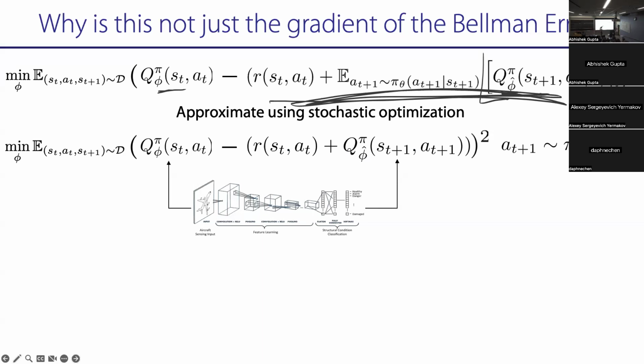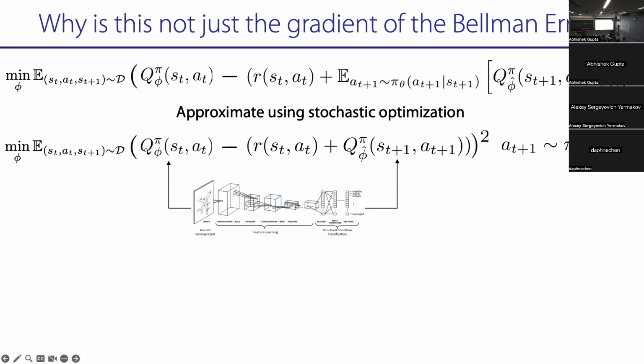So when you optimize with respect to phi, you don't take gradients through that phi hat. The way you implement it in practice is that you stop the gradient to that phi. The reason it's phi and phi hat is the same reason as before: you construct targets, treat them as numbers, do regression, and repeat. You don't want to take the gradient through this side. We'll talk about why in a second.